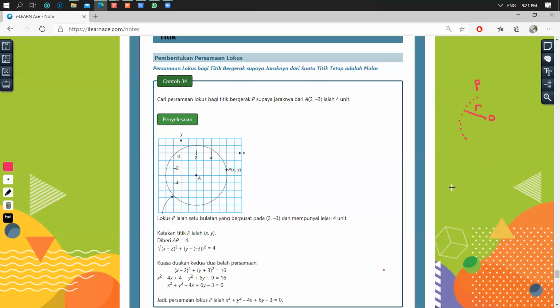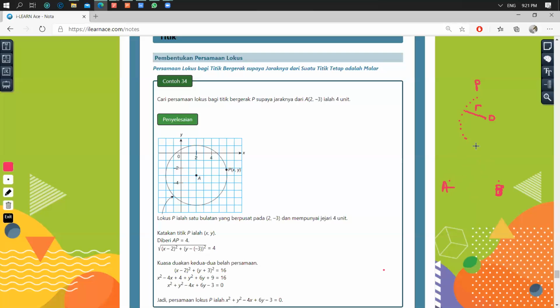Another type of loci: again the same loci P is constantly moving. No matter how it moves, the distance from P to the 2 points, let's say A and B, is always the same. The distance from P to A and from P to B is always the same.